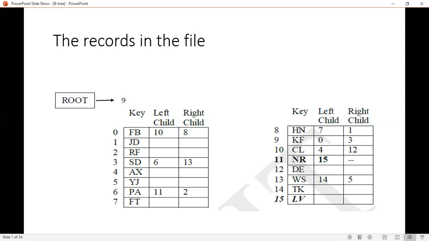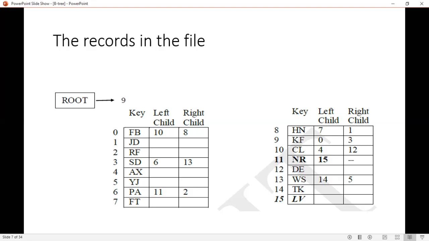Now one more: see the second row in the table, with RRN 1. There you don't have a left child or a right child entry.